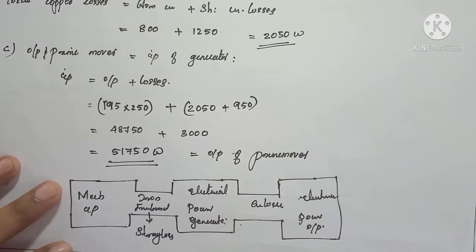So when we give the mechanical input to the generator, due to iron and frictional losses, some power will get wasted and electrical power will be generated in the armature. We can subtract these losses from the input, then we will get the electrical power. And after the copper losses, finally we will get the electrical power output.